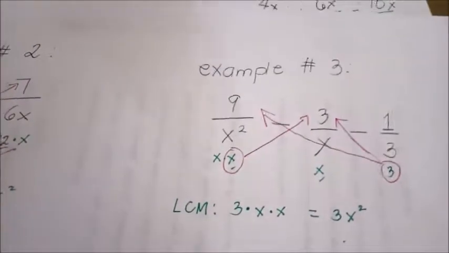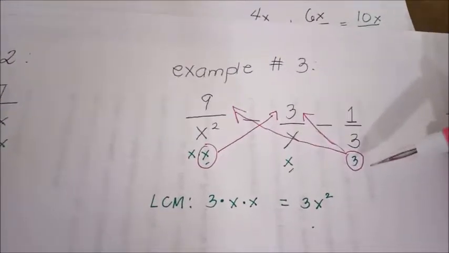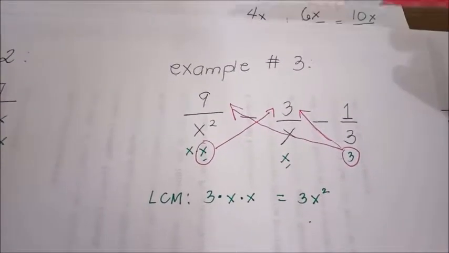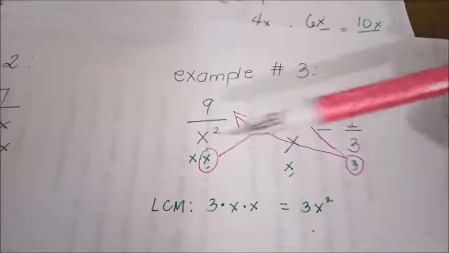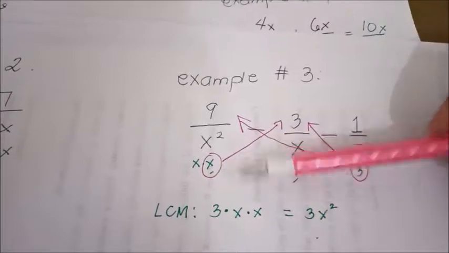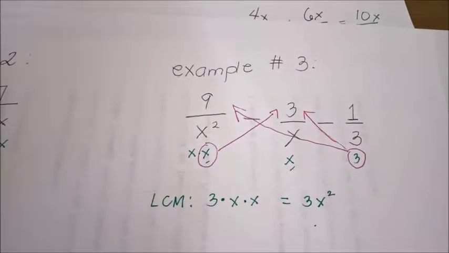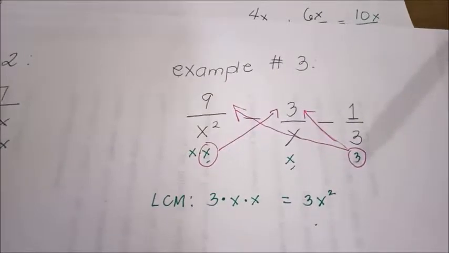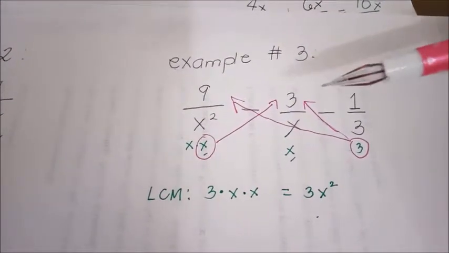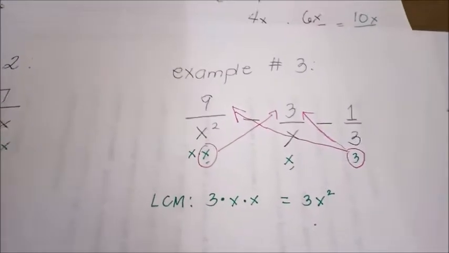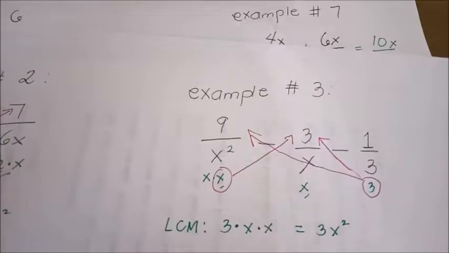Okay? Then, anong factors ng 3 ang wala sa x at sa x? Bakit 2 x na lang? Kasi itong x na to, nandito na rin siya, di ba? X at x. Eh, di syempre, no? Factors ng x at x na wala sa 3. Nabaliktad na.